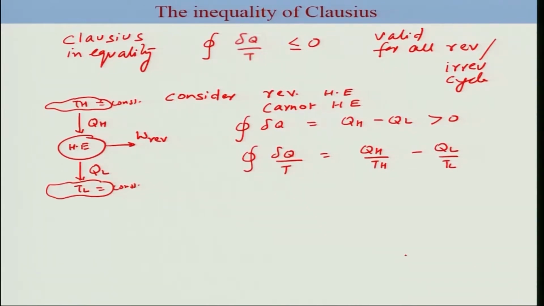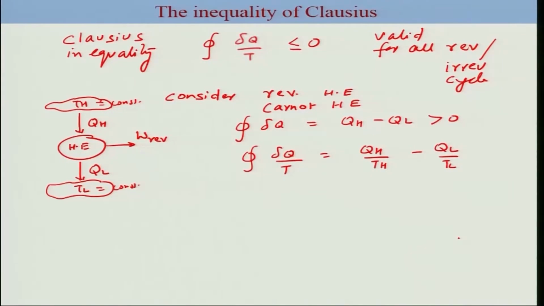We know for a reversible heat engine or Carnot heat engine, based on the absolute temperature scale, the ratio of Q is proportional to temperature, as done by Kelvin. Which essentially means QH by QL is nothing but TH by TL for this reversible heat engine, and thus the expression del Q by T is nothing but 0. So this is one expression for the reversible heat engine.